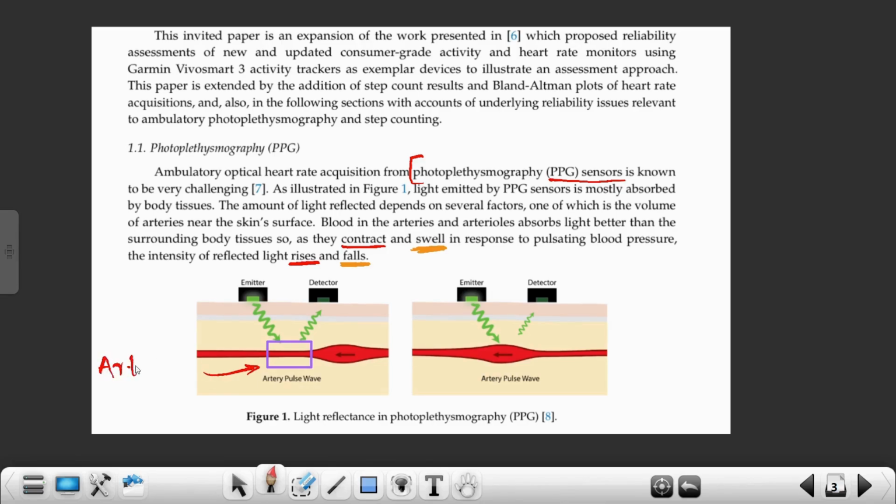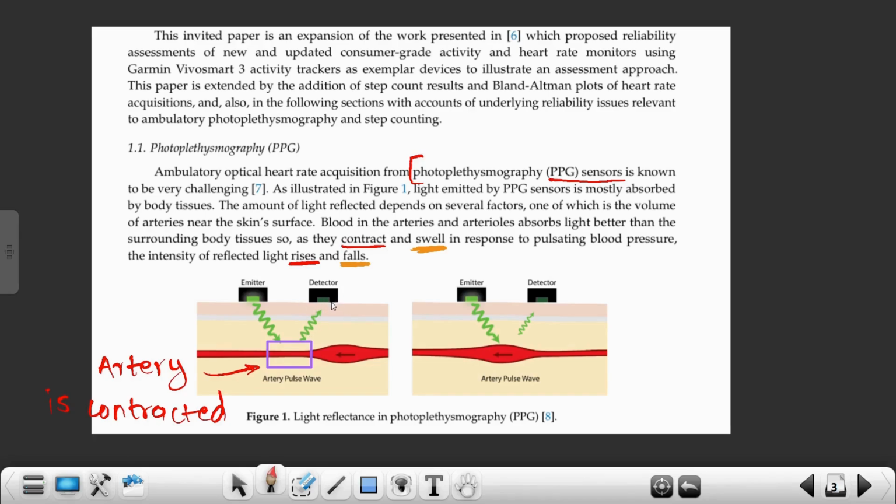During this situation, whatever light is emitted by this LED, or in general the emitter, is being reflected back. Almost the majority of the light is being reflected to the detector side.